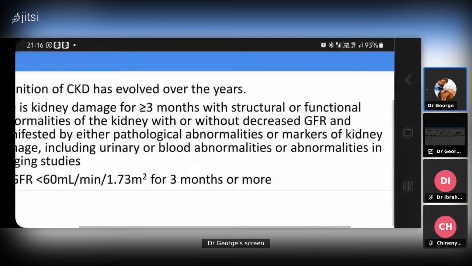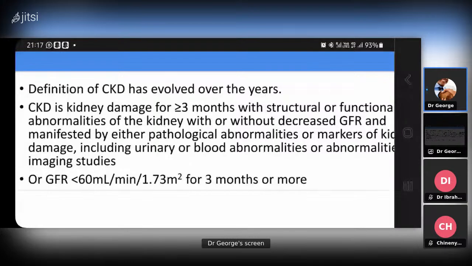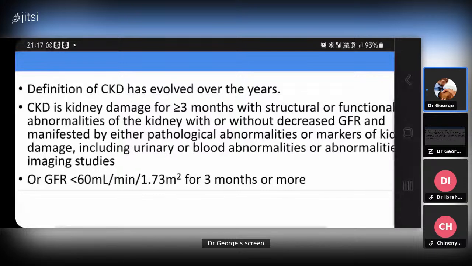So what it's trying to say is that for you to say someone has CKD, it could be obvious, like the person has clinical features, signs, and all that. Or it could be on investigation that you detect it. Or it could even be structural when you do further investigations, or even post-mortem where you do a pathology.